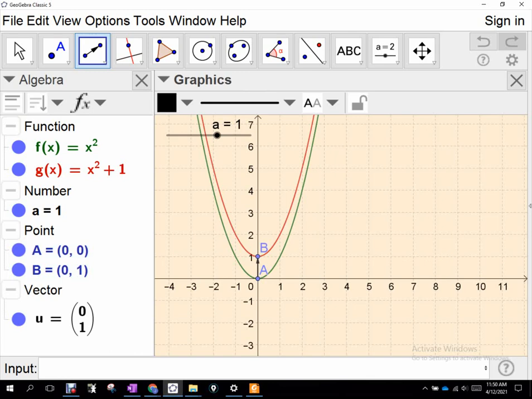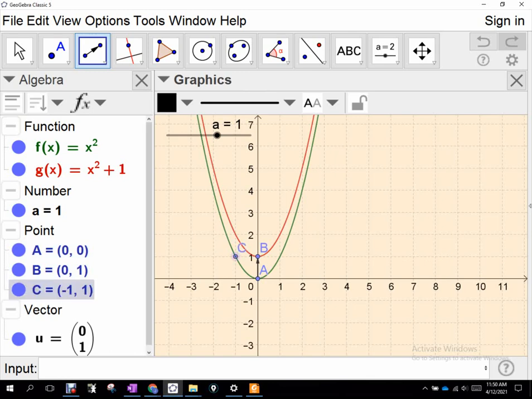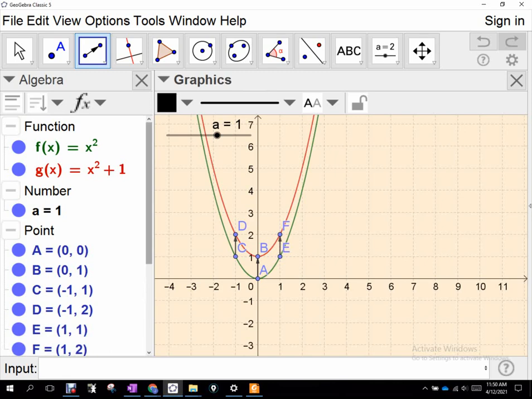Does that make sense? This point right here, which was on the green curve, gets moved up 1 unit onto the red one. This point right there on the green curve gets moved up 1 unit to the red one. Does that make sense to everybody? So that 1 right there is showing how each one of the y values on this green curve becomes a y value on the red curve. Is that okay with everybody?